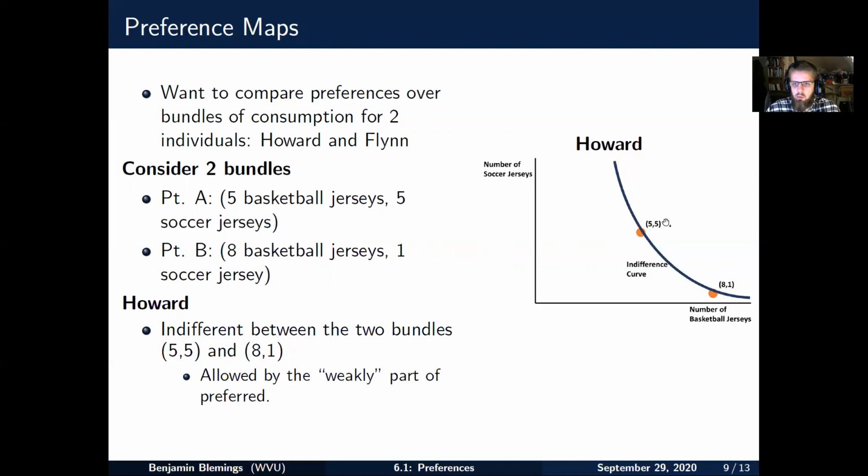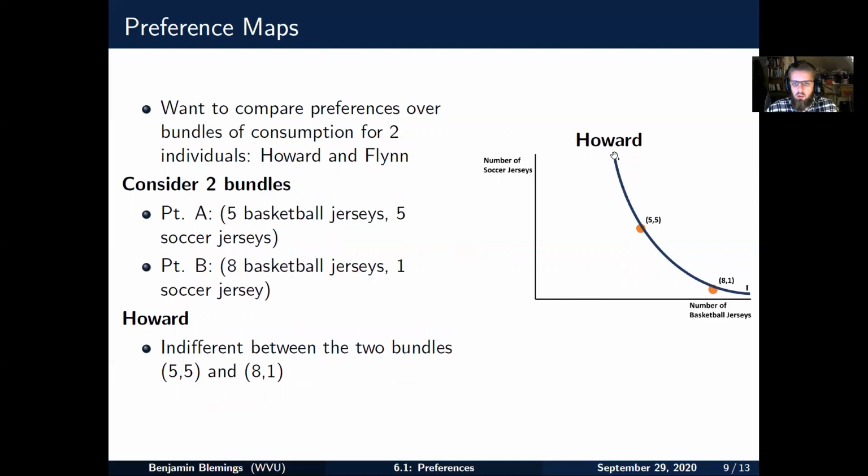That means he gets equal satisfaction from consuming 5 soccer jerseys and 5 basketball jerseys, and equal satisfaction from 8 basketball jerseys and 1 soccer jersey. He gets the equal amount of satisfaction from trading off 4 soccer jerseys to get 3 basketball jerseys. And that's why there's this one line between these 2 points, because at every point on this single line, he gets the same amount of satisfaction.